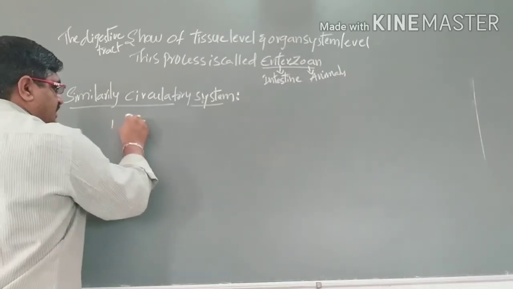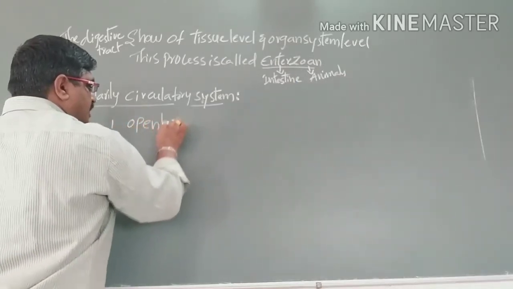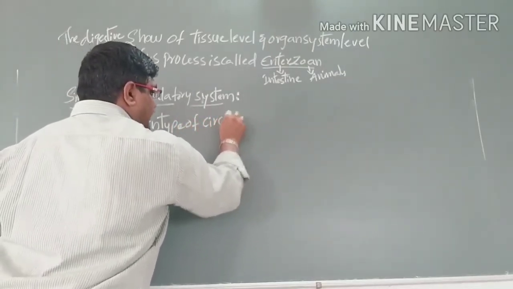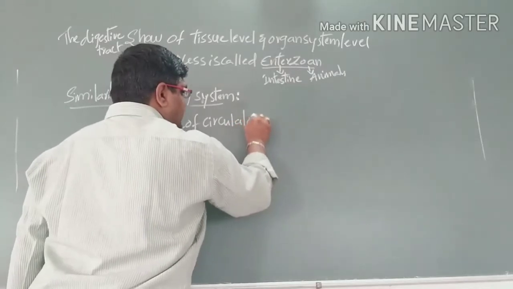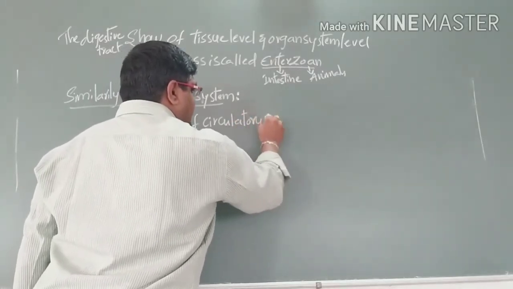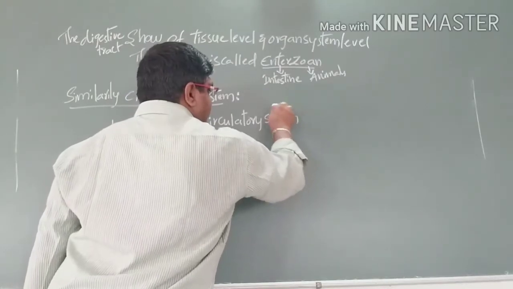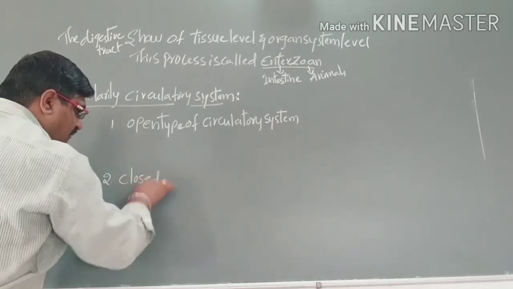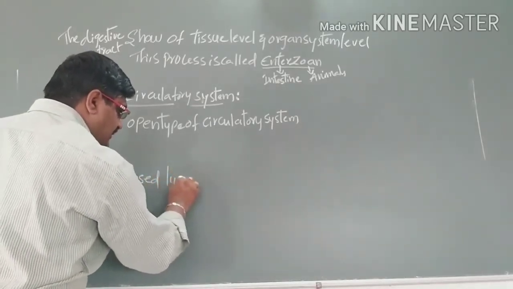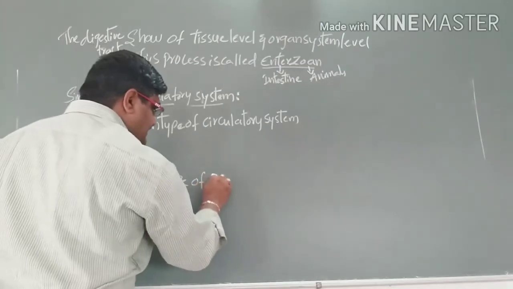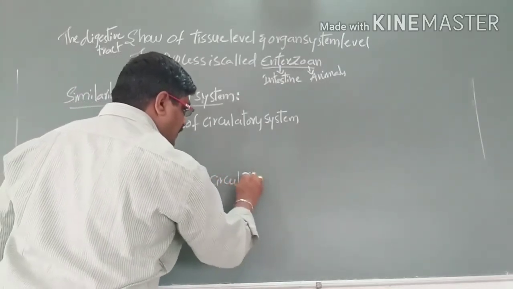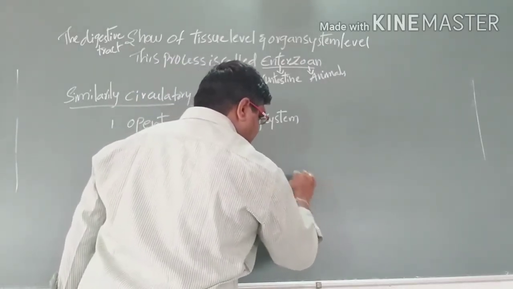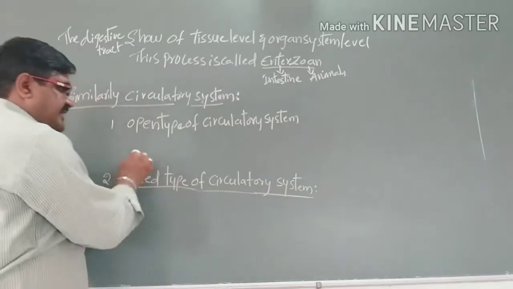One is the open type of circulatory system, and the second one is the closed type of circulatory system.